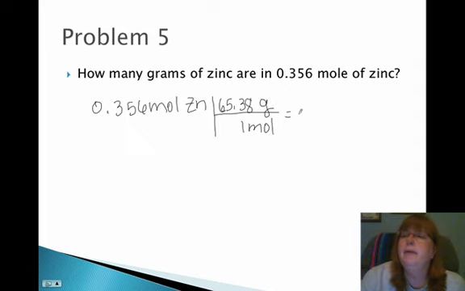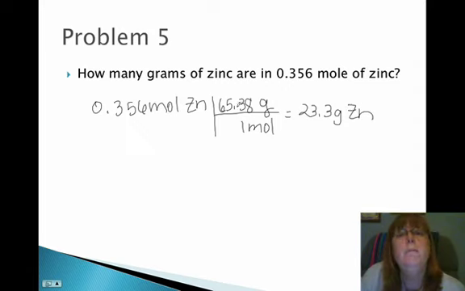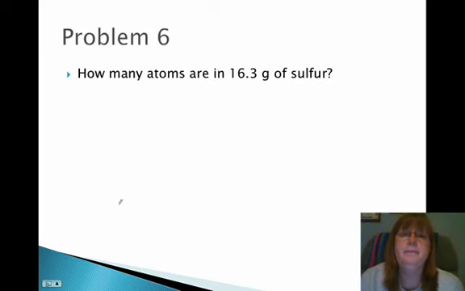And what that ends up being is 23.3 grams of zinc. Now notice what's happened. If you start with moles and you want to go to grams, you multiply by the molar mass. If you start with grams, like we did in the last slide, and you want moles, you divide by the molar mass.